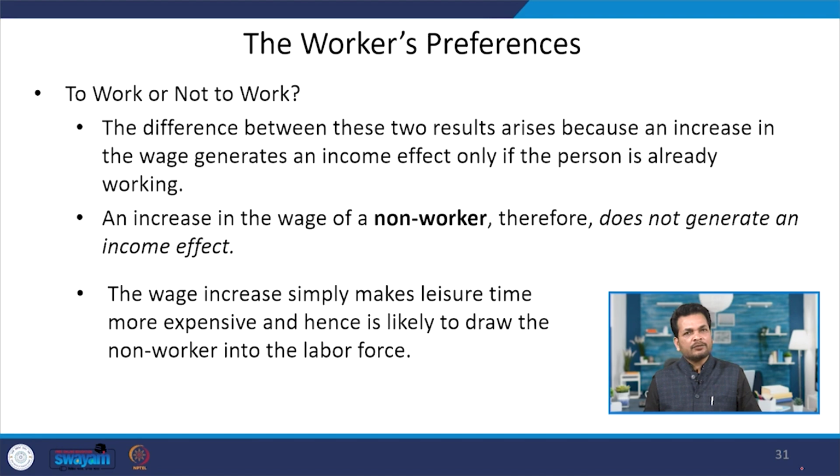An increase in the wage of a non-worker therefore does not generate an income effect. The wage increase simply makes leisure more expensive and hence is likely to draw non-workers into the labor market. So, any increase in the wage rate will attract a person who is not a part of the labor market, who is not working. So, it will attract the non-worker into the labor force.